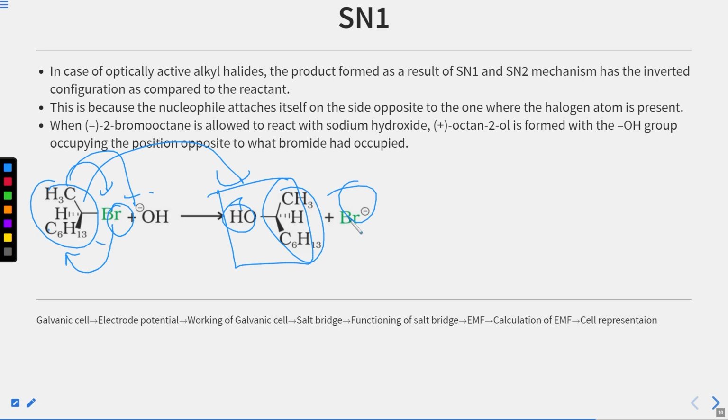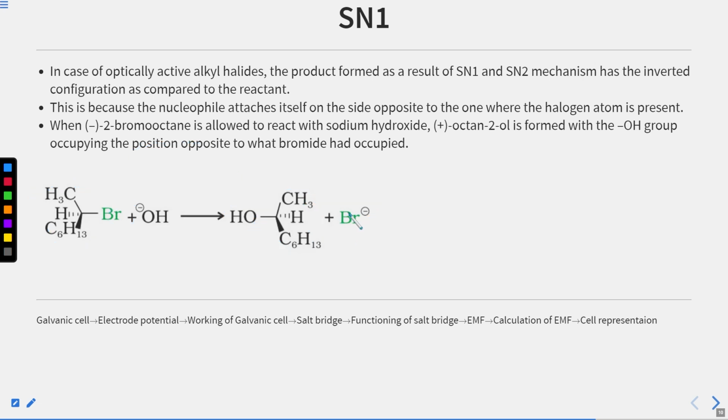Why has this happened? If you remember the previous pictures, in SN2 the OH minus, or the nucleophile, was attacking from the back. This is a back attack, and due to this you can see inversion. Imagine it like this: if you take an umbrella and go out in a strong wind, the umbrella will just invert.